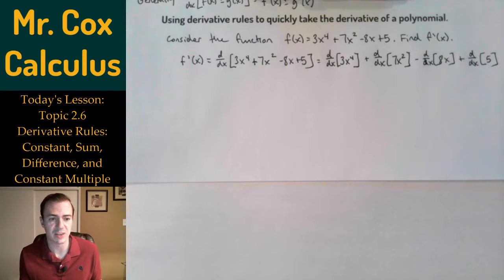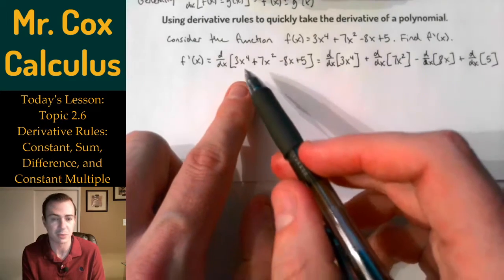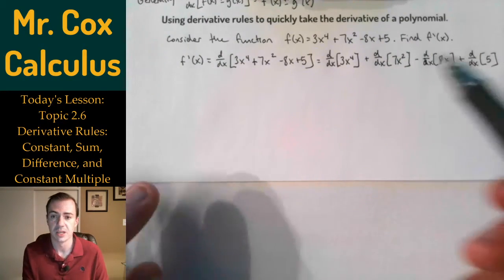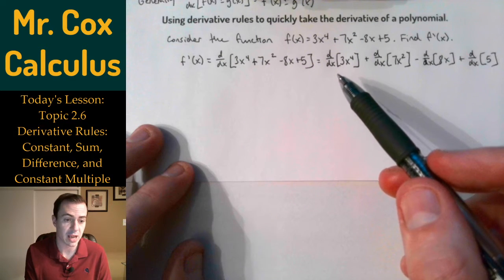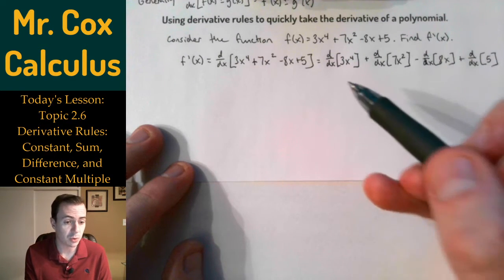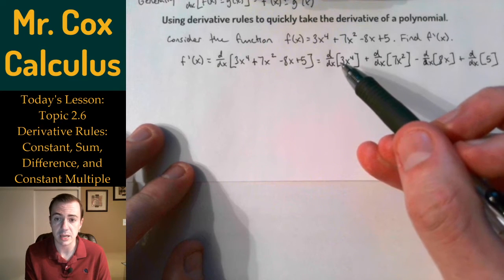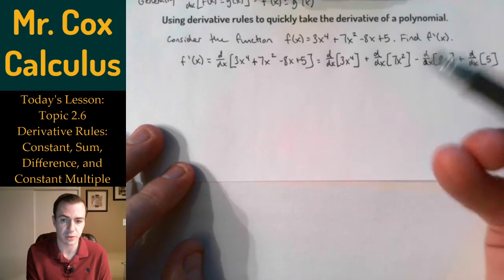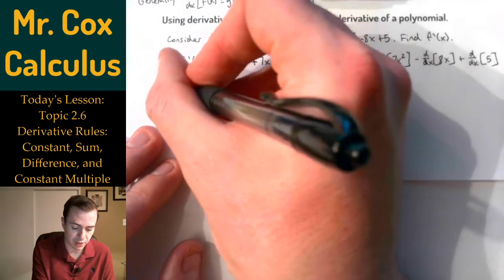That's why the sum and difference rule is so nice, because it allows me to take a polynomial and focus on each individual piece. So now let's talk about the derivative of 3x to the fourth. The constant multiple rule said that this 3 can come outside of the derivative notation if we want to think of it that way.